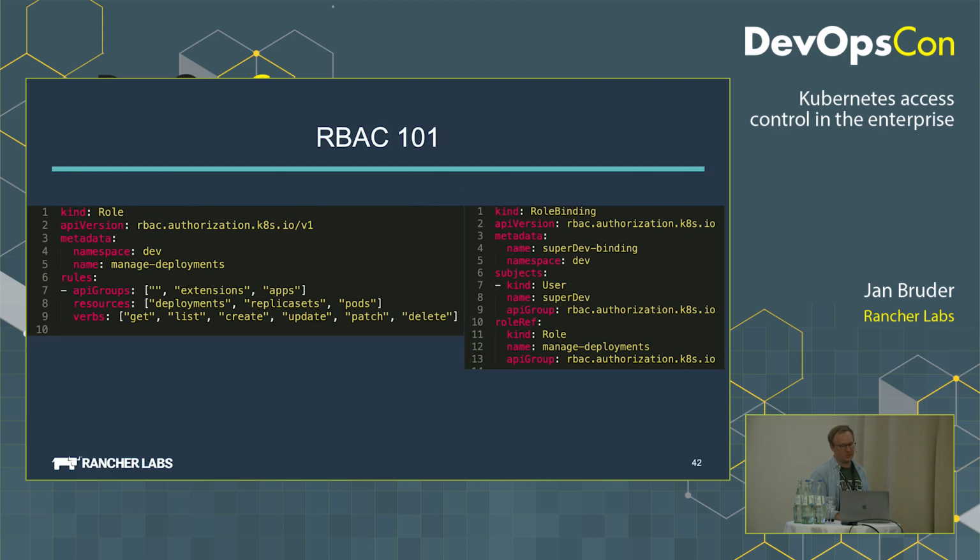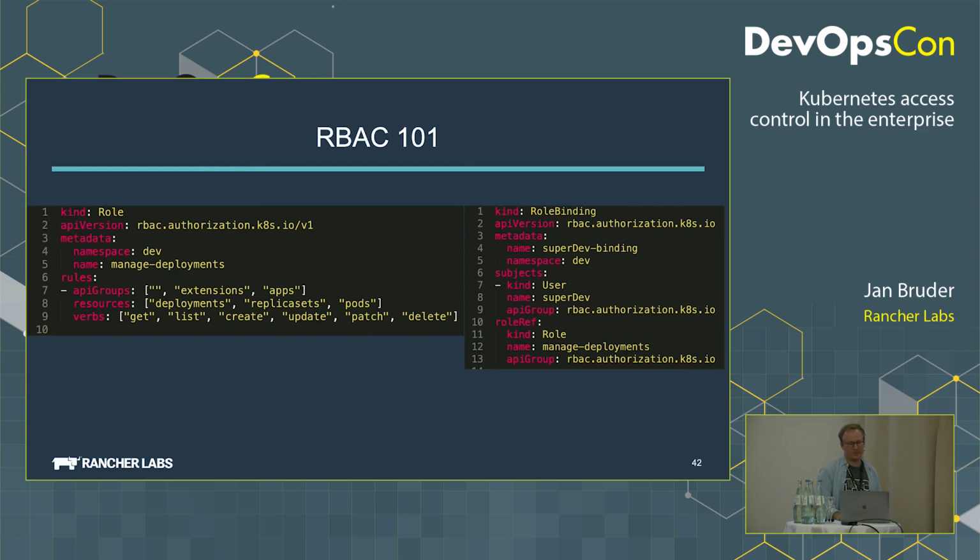It's all via the so-called manifest, which is a JSON or YAML file describing an API object. You have the API type as a kind, you have an API version, then all the metadata, and then some fields that are specific for the type. In this case, we have a role, so we have a list of rules. And the role is constructed with three keys. There's an API group.